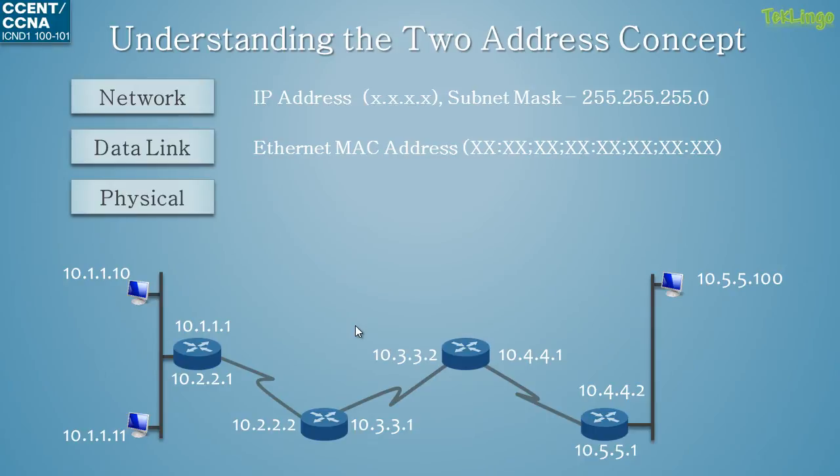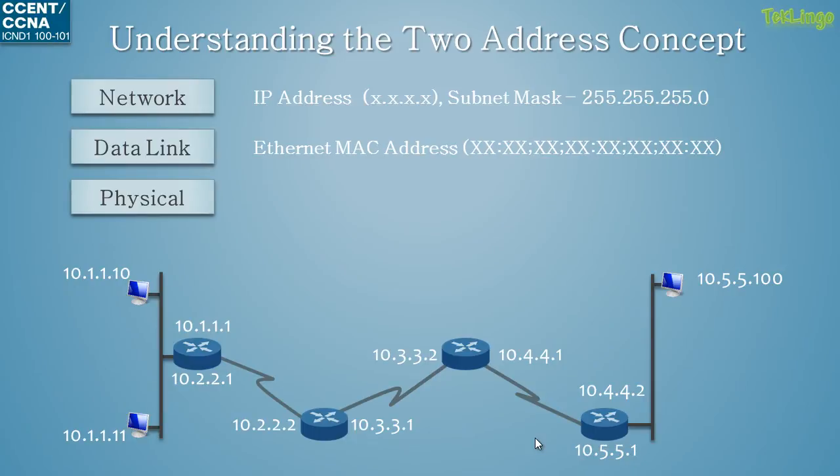Likewise, when router 10.2.2.2 looks at the packet, it will understand that the computer 10.5.5.100 is not in its network, so router 10.2.2.2 will send that packet to router 10.3.3.2 using its other interface, 10.3.3.1, to see if it knows the 10.5.5 network.